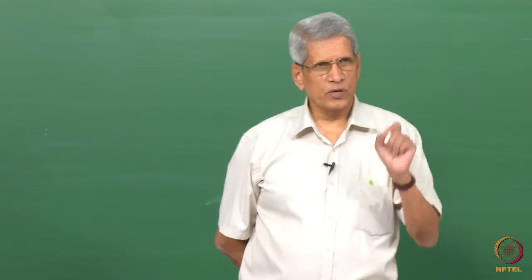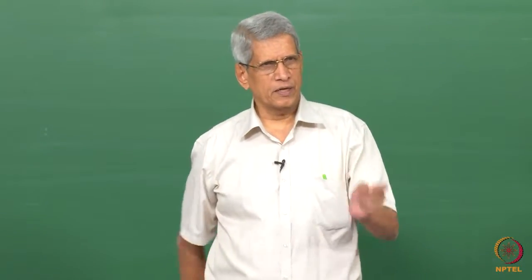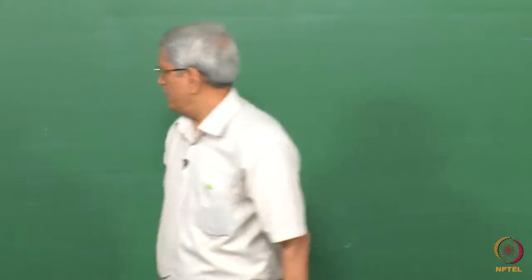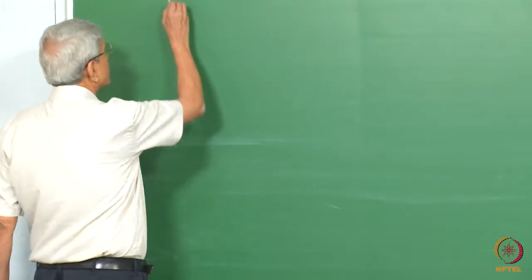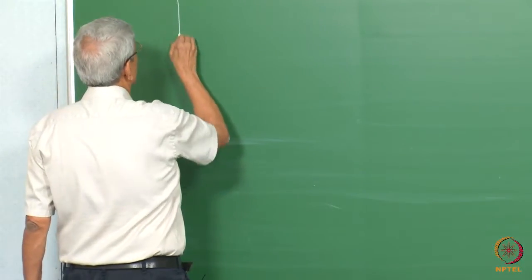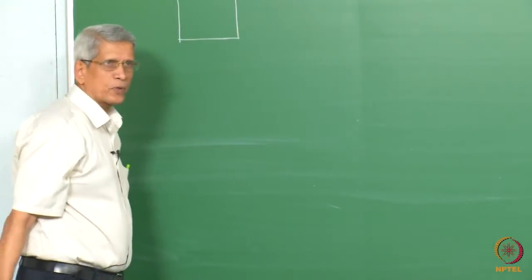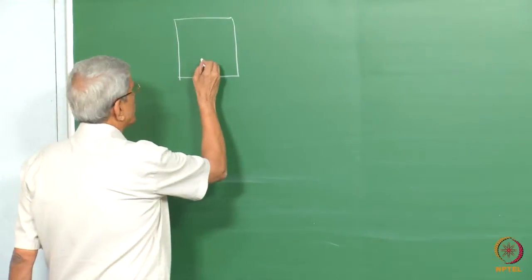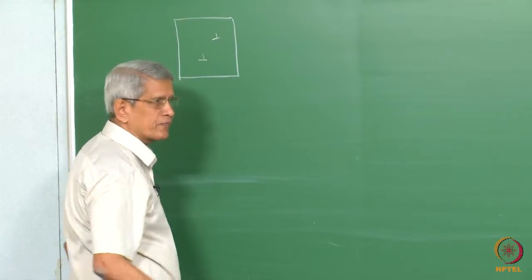So, let us first look at how deformation propagates by dislocation, then we will come to the next topic, which is what the other alternate mode is by which deformation can propagate. Suppose we take a solid block like this, in which we assume that dislocations are present at different regions.